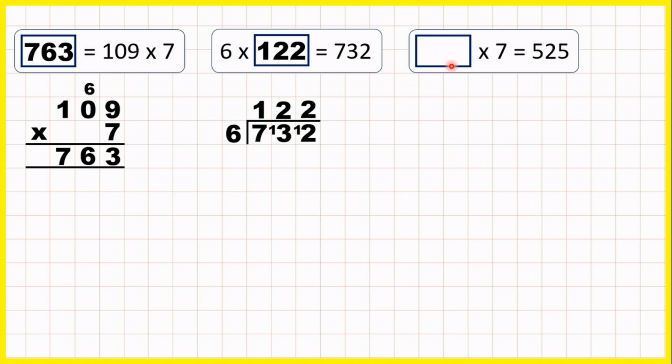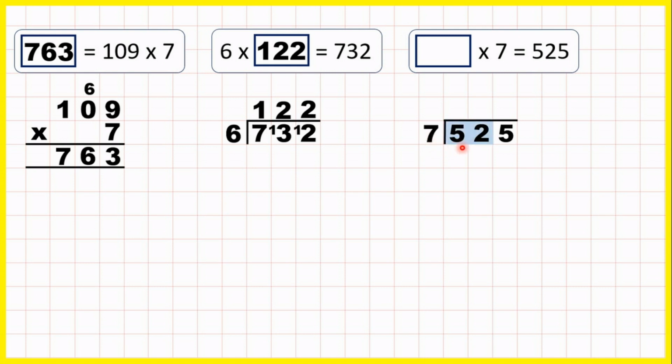And here, something times 7 equals 525. Again, whenever there's a missing number in a multiplication question, we use division to find our answer. Now for this question, if we look at the first digit, we have a 5, but that's less than the 7 we're dividing by.